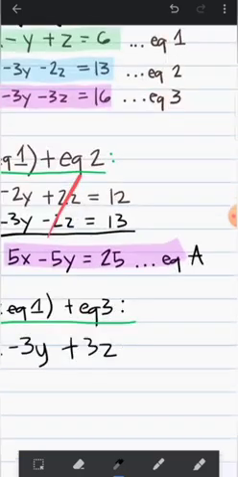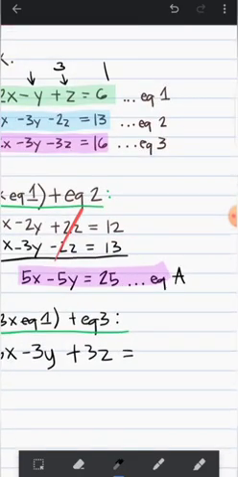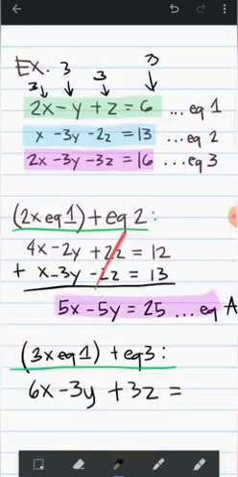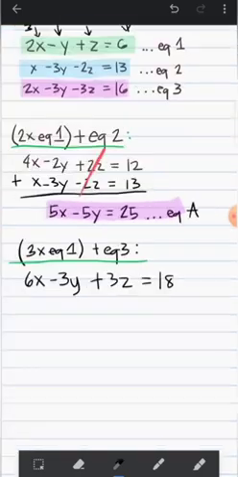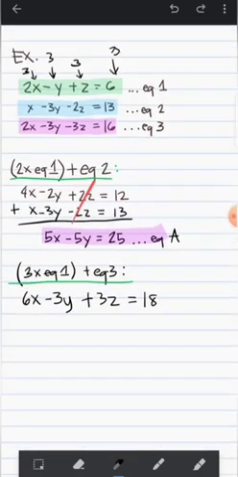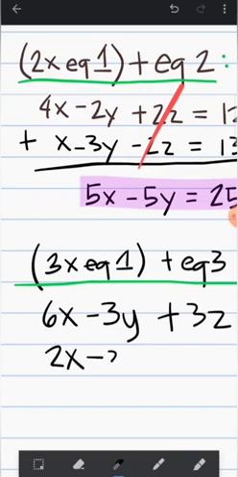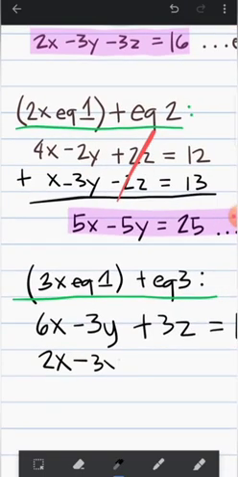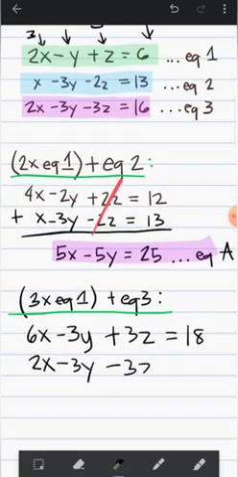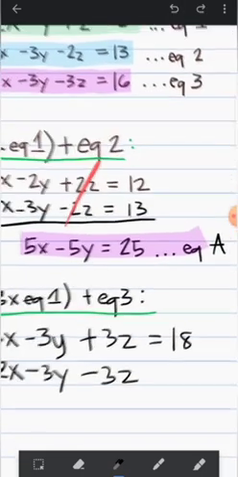And then, 6 times 3. So, multiply all by 3, and that gives me 18. Then, add to equation 3. So, equation 3 is just 2x minus 3y minus 3z. So, this is equal to 16.